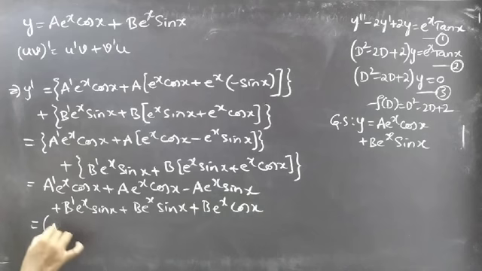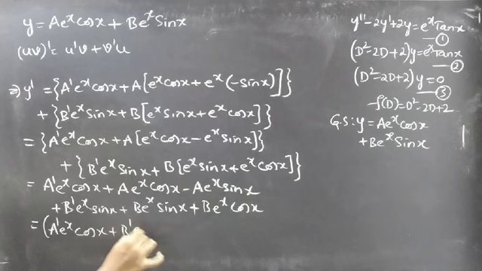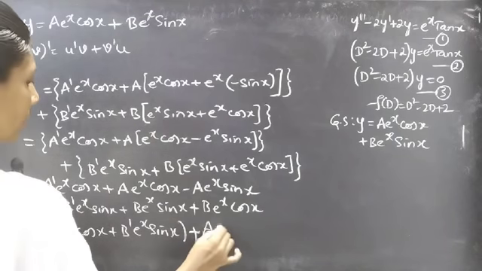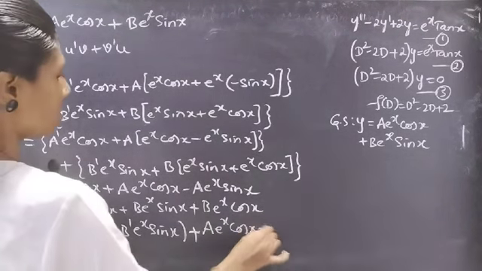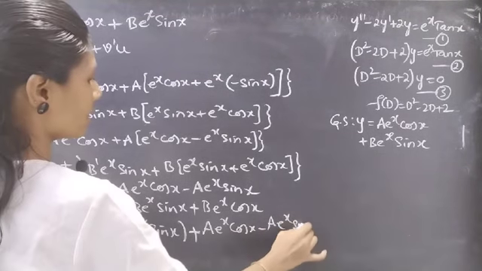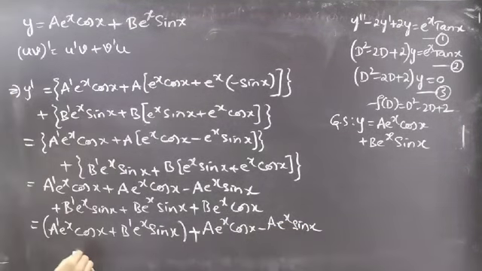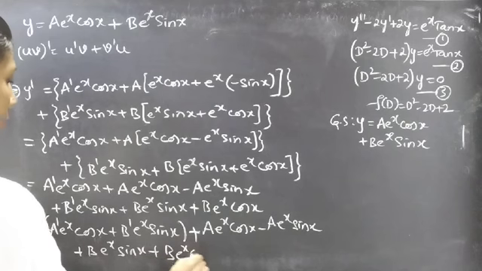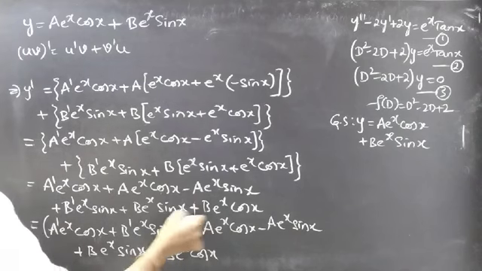We'll get a dash e power x cos x plus b dash e power x sin x plus, now write the remaining terms, a e power x cos x minus a e power x sin x plus b e power x sin x plus b e power x cos x. 1, 2, 3, 4. 4 terms.